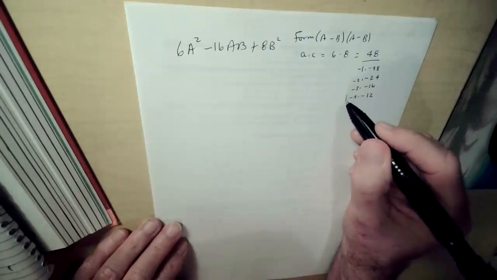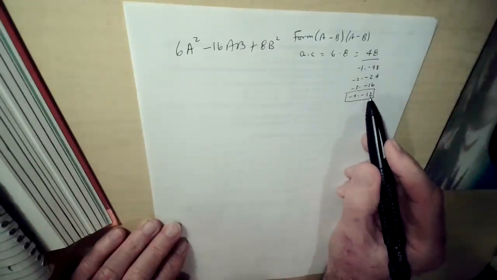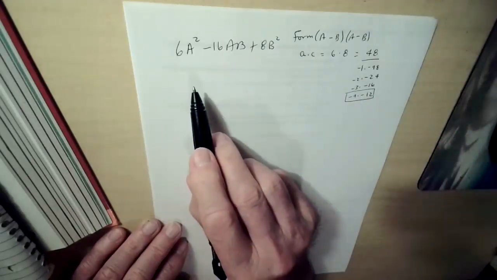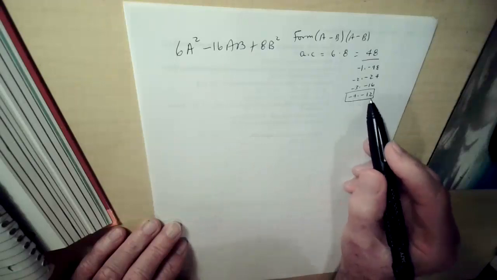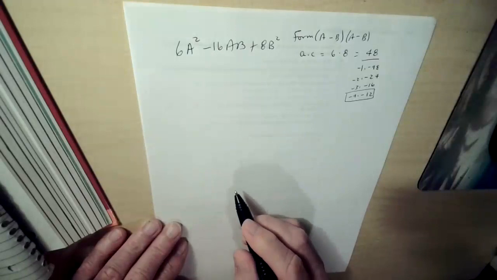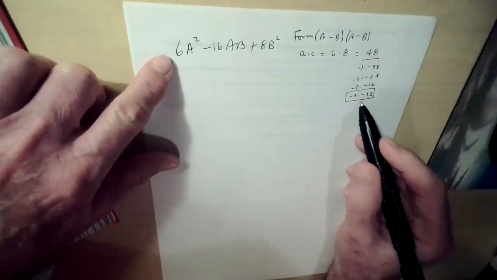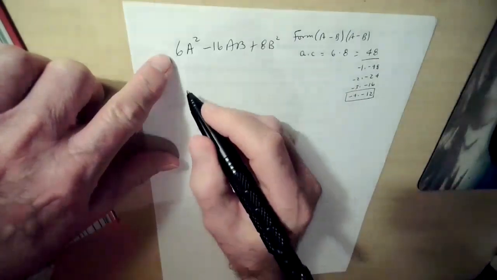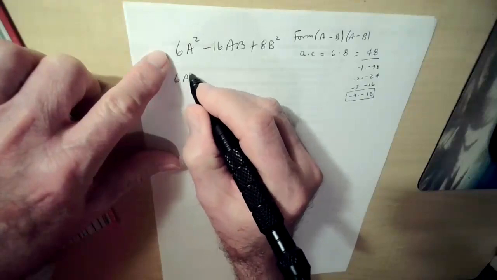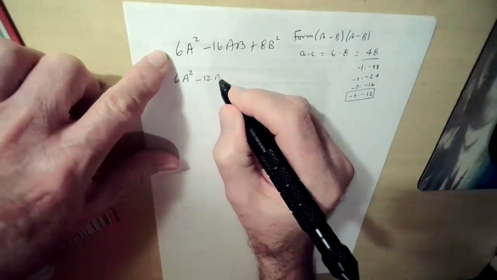No. Negative 4 times negative 12? Yes. Negative 4 and negative 12 is negative 16, and that's what we want. So now, which one are we going to put next to the 6? Either one, but the 12 is probably better.